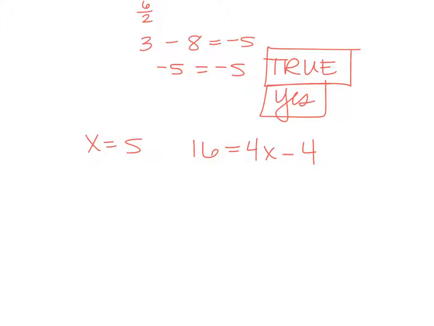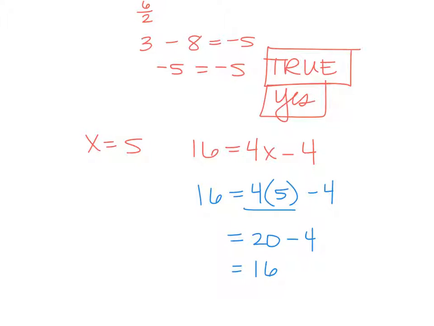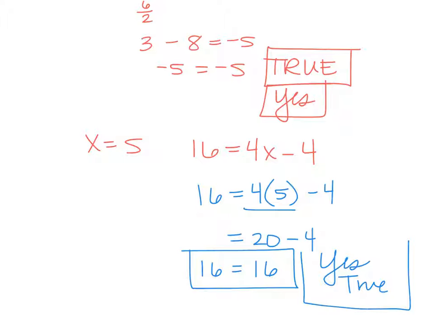So if we plug it in, 16 equals 4 times 5 minus 4. What's 4 times 5? 20. 20 minus 4 is 16. So because 16 equals 16, we would say yes, this is a true equation. So x equals 5 is a solution. Okay? Questions on that?